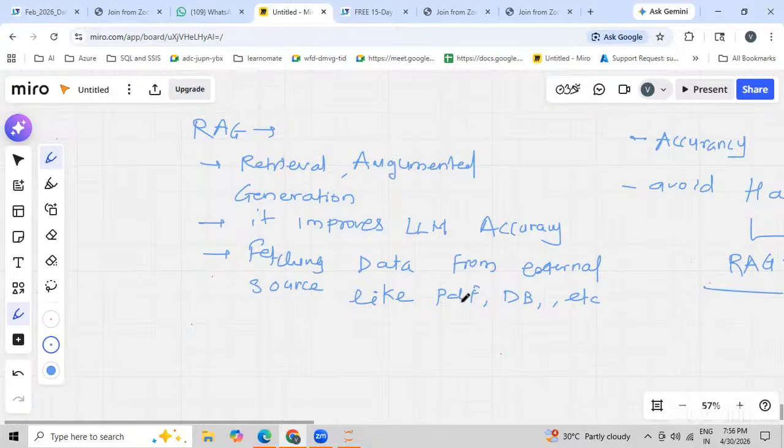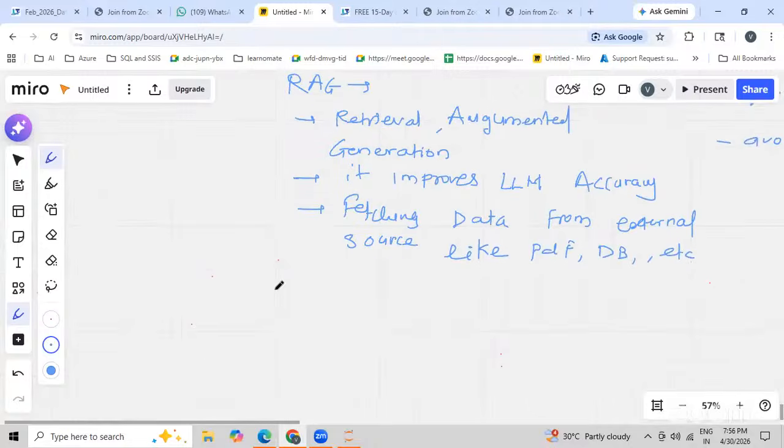Now we will see the architecture of RAG, meaning what steps we require. This is very important again. What is the architecture? Again, this point we have taken theoretically.